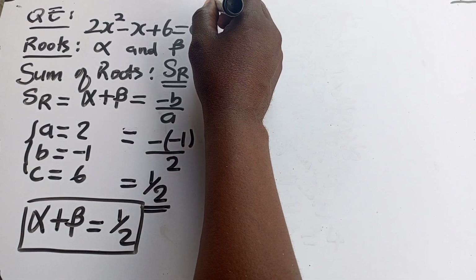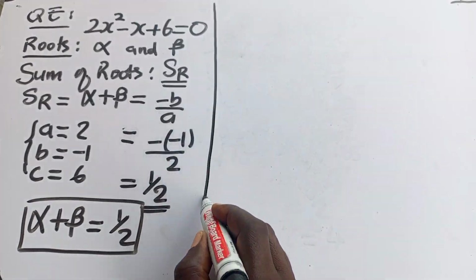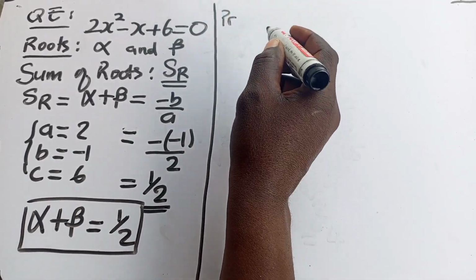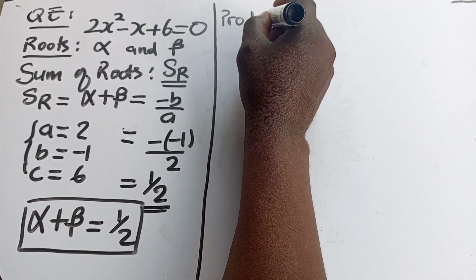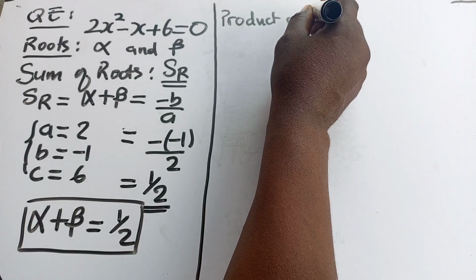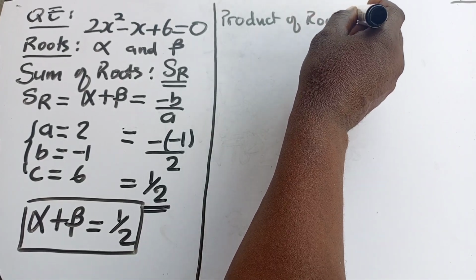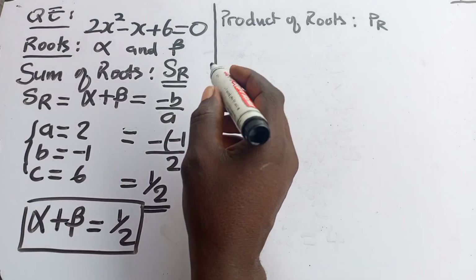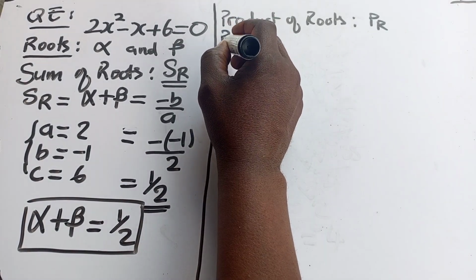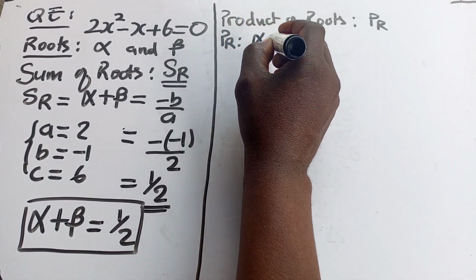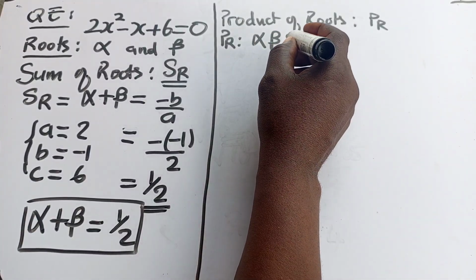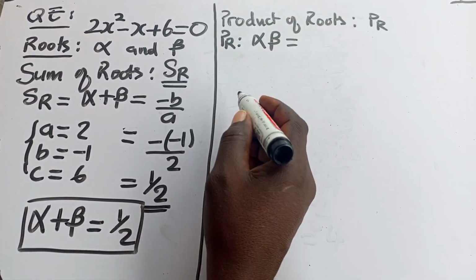Next, we look for the product of roots. Let us call it P subscript R. And so we're going to have P subscript R as alpha multiplied by beta. Now there is a relation for the product of roots.